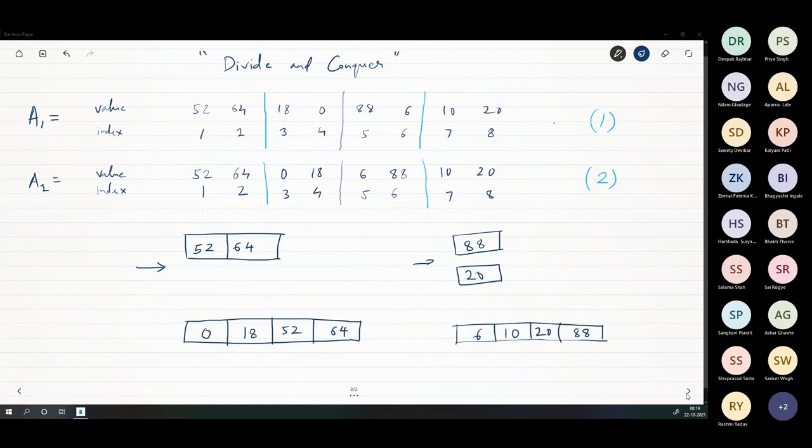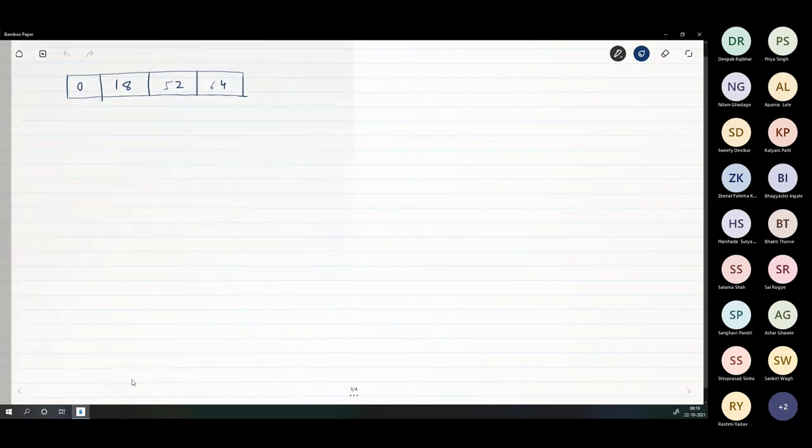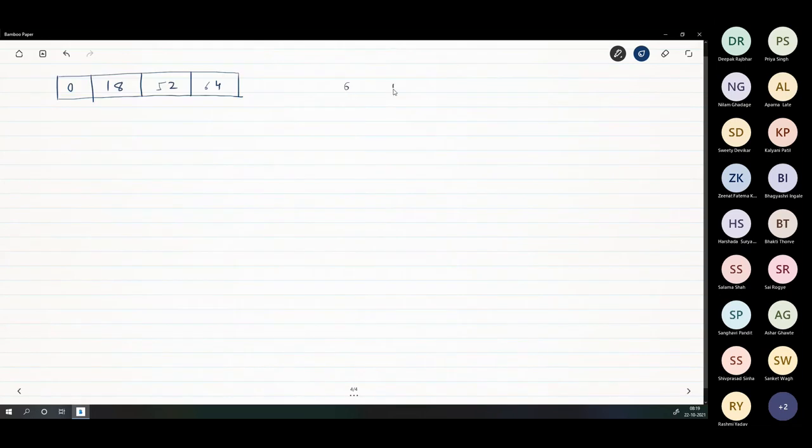The array is not sorted, so let me just copy 0, 18, 52, 64. The other array is 6, 10, 20, 80. You see, both are sorted arrays of size 4 each. Right?